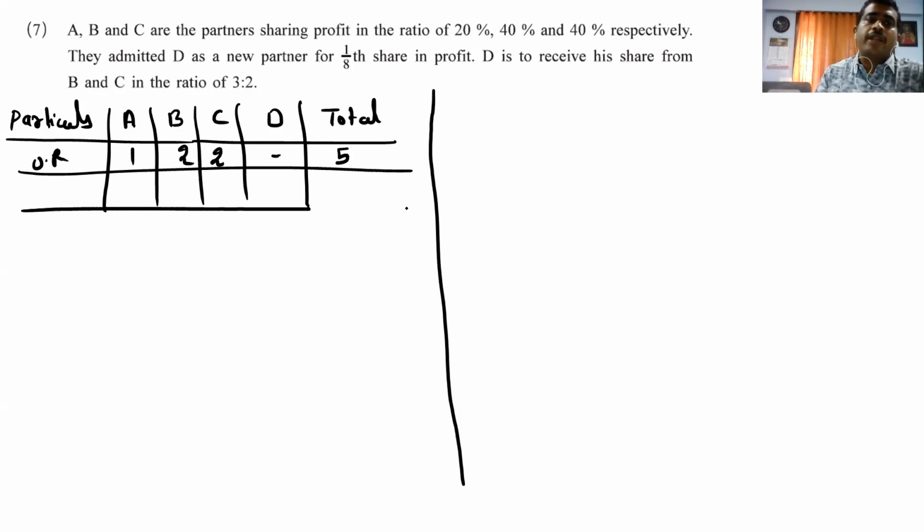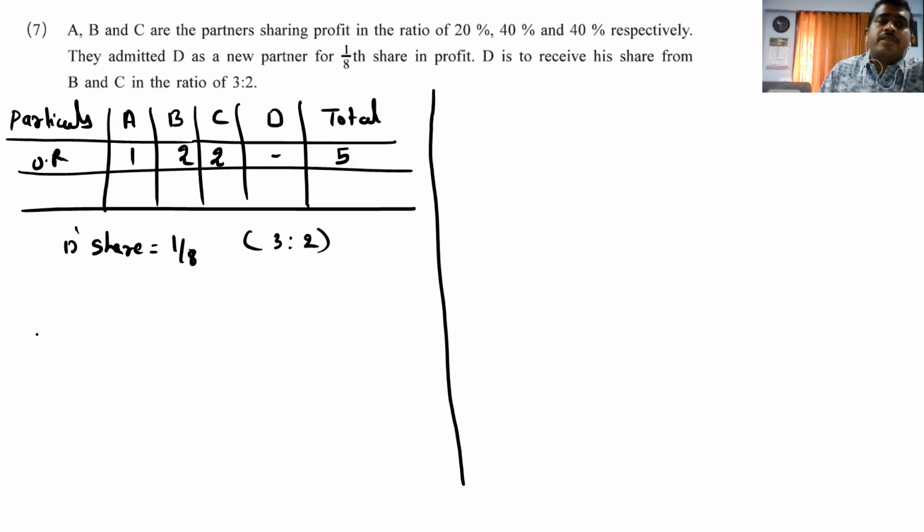So new ratio right now I don't know. They admitted D as a new partner. So D share comes to 1 by 8. D is to receive his share from B and C in the ratio of 3:2. So let's see.